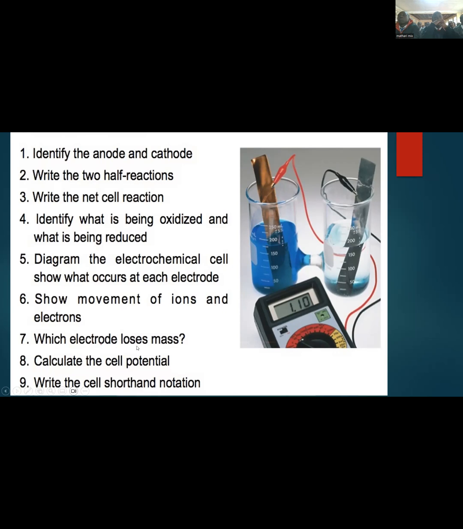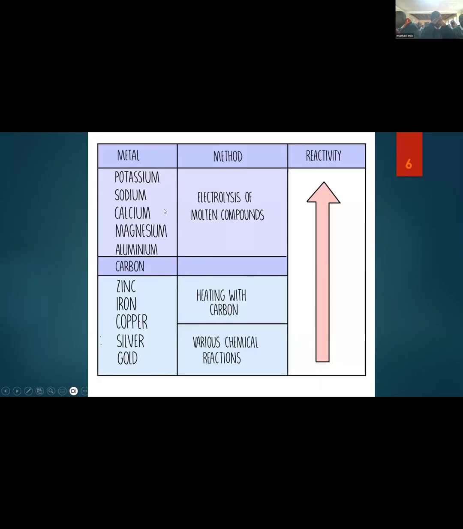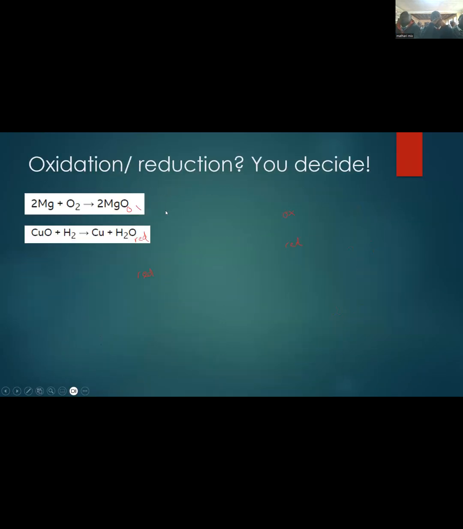Which electrode loses mass? Well, we know that the one on the right gains mass. We can see what the movement of ions is. We know the movement of electrons. We can tell what is being oxidized and what is being reduced. That is a lot of chemistry. So let's go on to where we were.